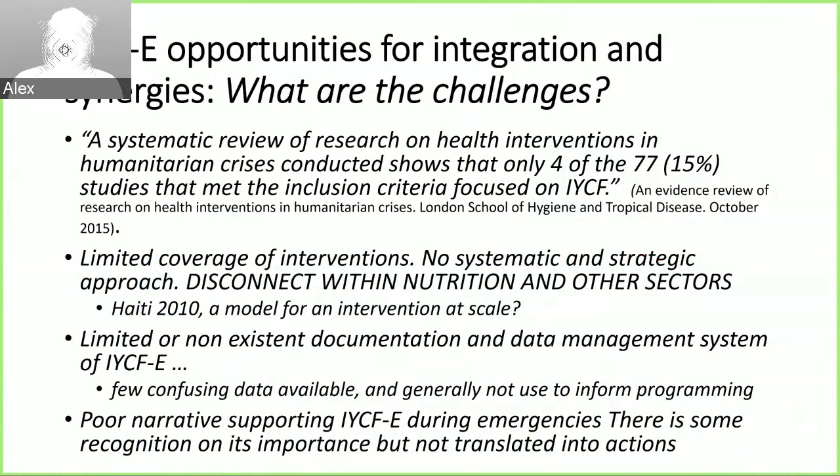And let me say this again from direct experience, there is a poor narrative supporting our IYCF-E. There is some form of recognition due to the evidence we have, but very little is done to translate this recognition into actions and prioritization.